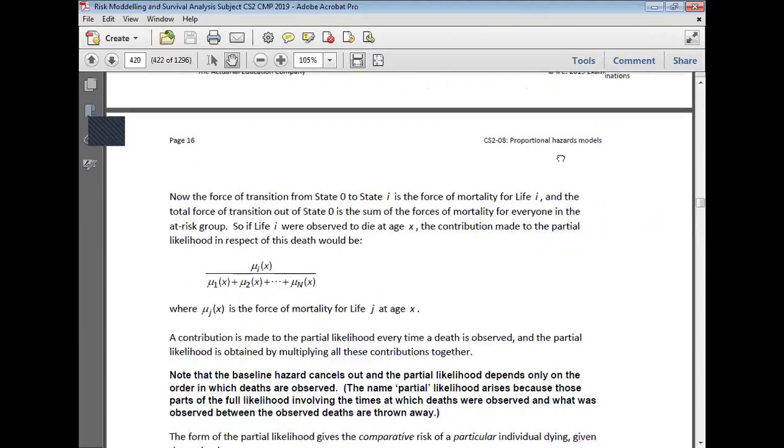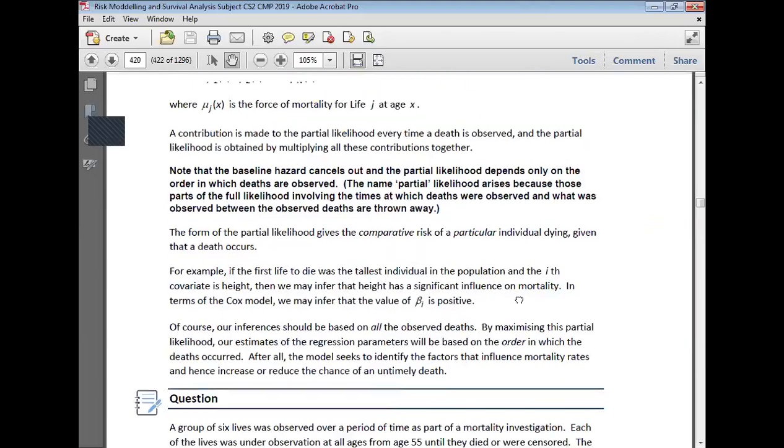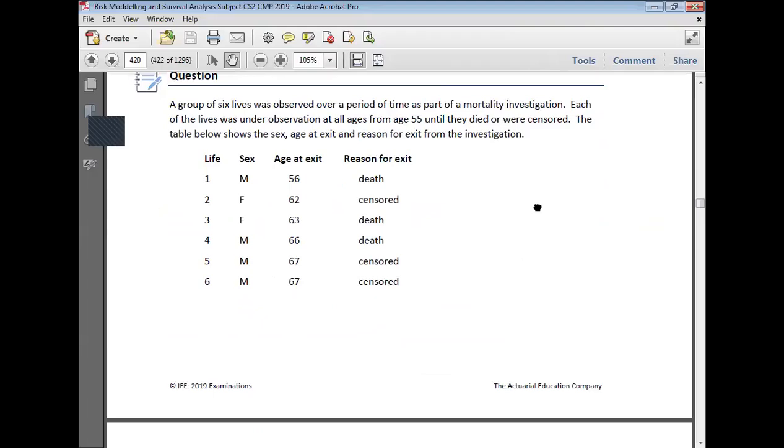Let us have a look at this particular example. Here we have a group of 6 lives, the number of observations that we have over a period of time as part of a mortality investigation. Each of the lives was under observation at all ages from age 55 until they died or were censored.